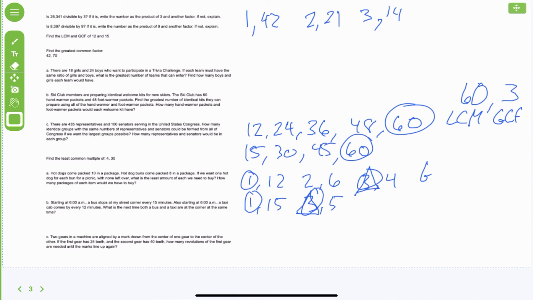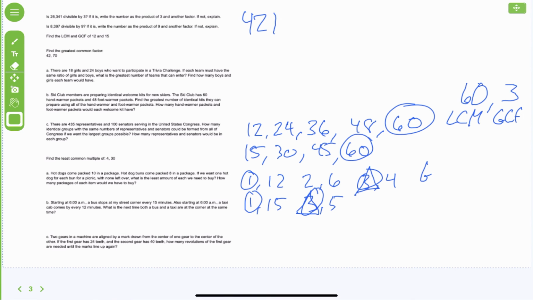You got a question? What? Oh, you want to use Euclid's algorithm? Well, tell me how to do that then. Sure. That is a way to find the greatest common factor. How can you do that?